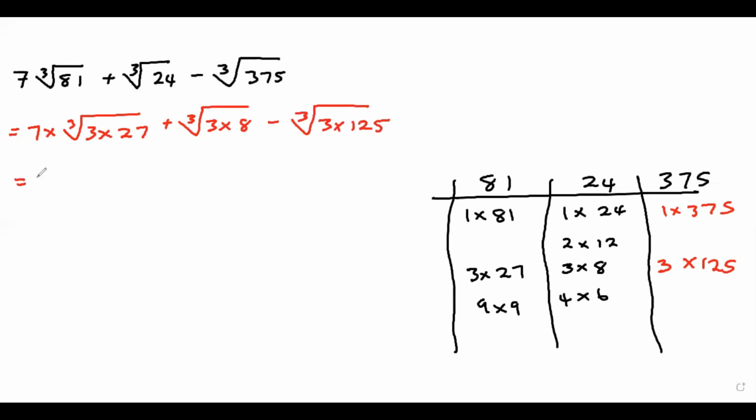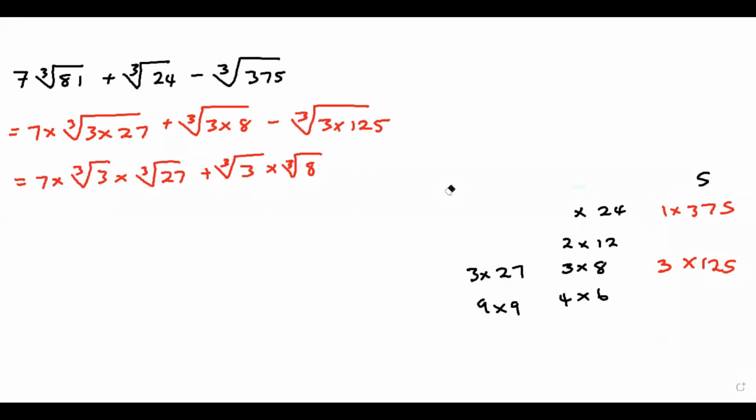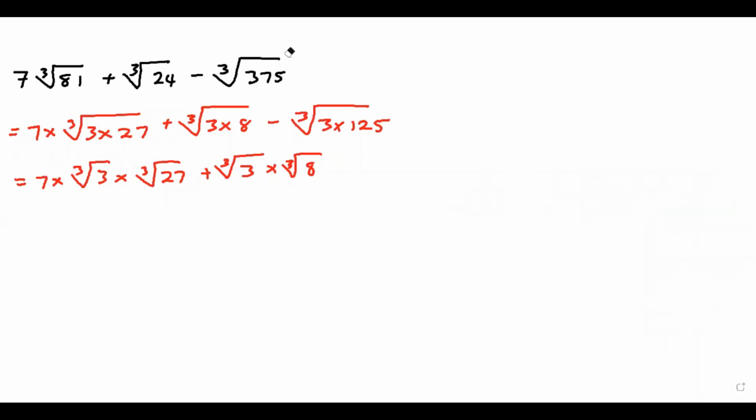So we'd have 7 times the cube root of 3 times the cube root of 27, plus the cube root of 3 times the cube root of 8, minus the cube root of 3 times the cube root of 125.